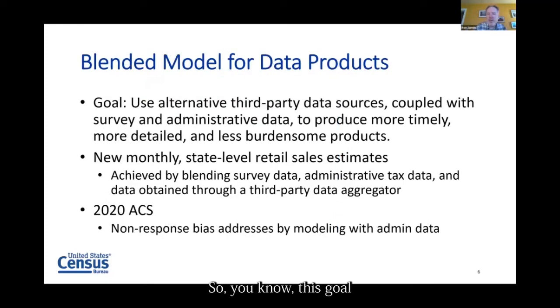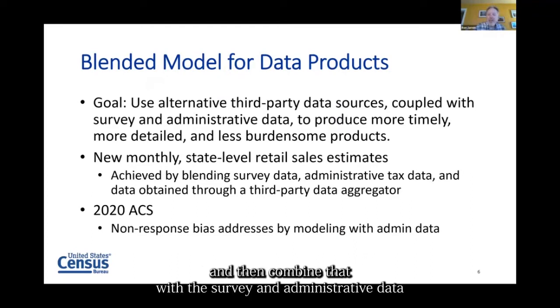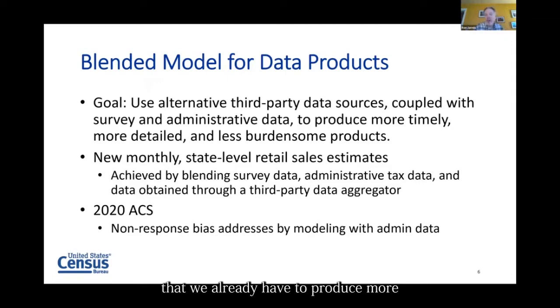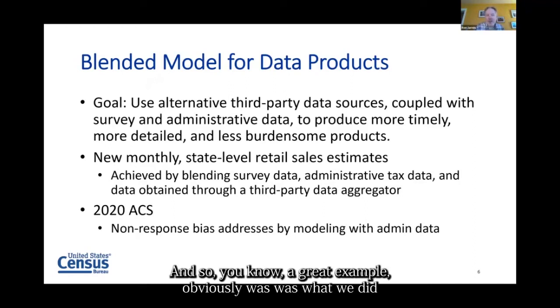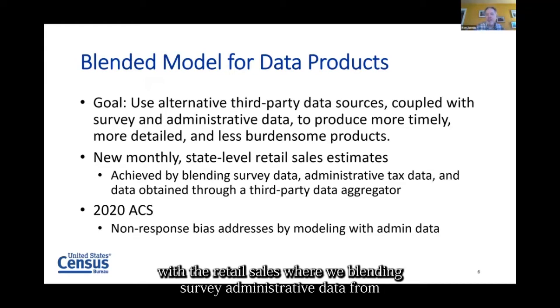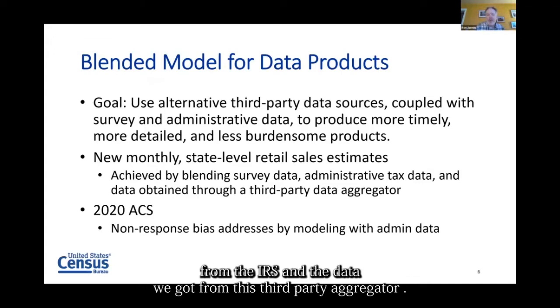So this goal then is to use alternative third party data and then combine that with the survey and administrative data that we already have to produce more timely, more detailed, and perhaps less burdensome on our respondents data products going forward. And so, a great example obviously was what we did with the retail sales, where we're blending survey administrative data from the IRS and the data we got from this third party aggregator.